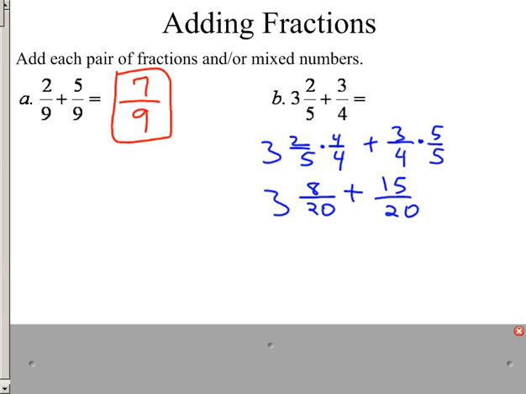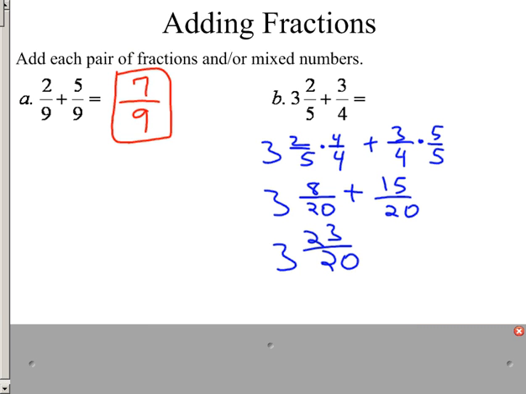And now we can add the fractional portions. Yeah, this is 3. That's fine. Here we have, if I had a 2 in front of this, I would add the whole number parts. But I don't have a whole number here, so I add the fractions. 8 and 15 is 23, and that's over 20. And then I think you should be able to convert from here. 20 parts make up a whole.